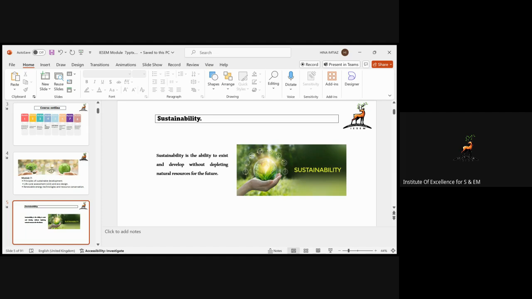So basically, the concept of sustainable development provides a framework for the integration of environmental policies and development. The concept of sustainability also provides us developmental strategies having implications at national and international level. And development should not endanger the natural systems that support life on earth.